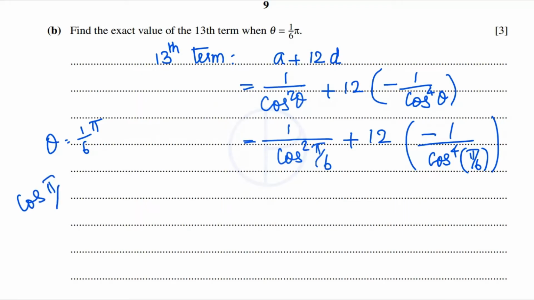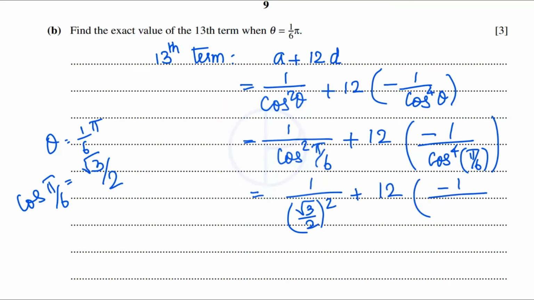Cos pi over 6 is nothing but square root of 3 over 2. So let's substitute that here. So 1 over square root of 3 over 2 the whole square plus 12 times negative 1 over square root of 3 over 2 the whole power 4.